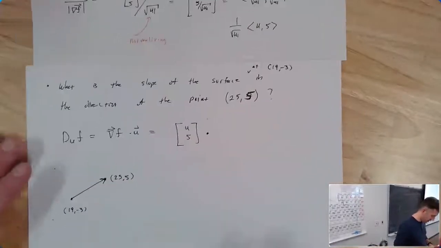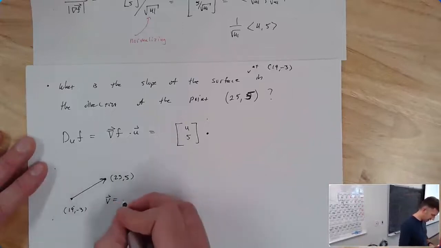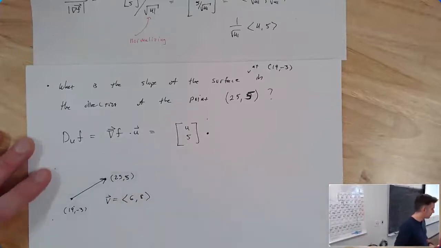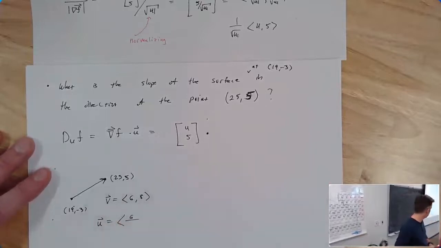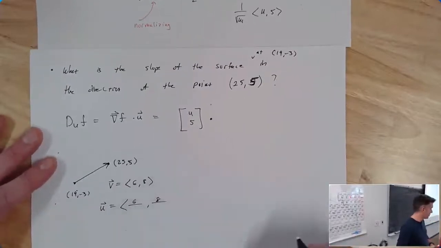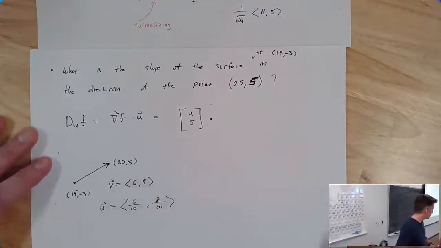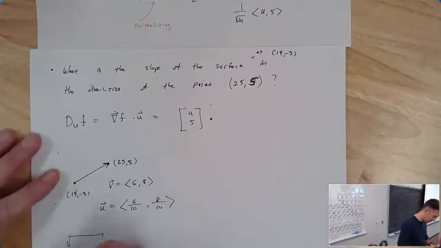And so our vector that gets us from there to there is, let's see, 25 minus 19 is 6, 5 minus negative 3 is 8. So our unit vector is 6 divided by the magnitude of this vector, which is 10, and 8 divided by the magnitude, which is also 10, because it's a 6, 8, 10 triangle. Or you could do the square root of 6 squared plus 8 squared, which is the square root of 100, which is 10.